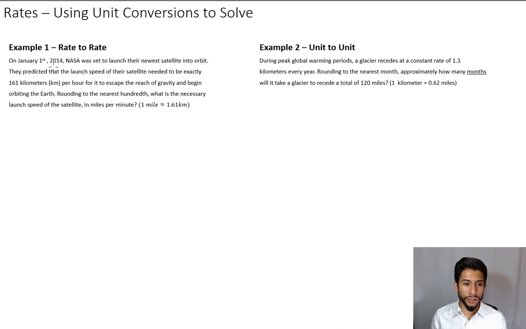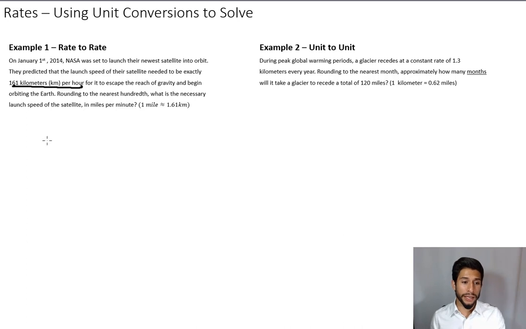On January 1st, 2014, NASA was set to launch their newest satellite into orbit. They predicted that the launch speed of their satellite needed to be exactly 161 kilometers per hour. So right there, that's your rate, right? And a quick way to identify a rate is that it compares two units.